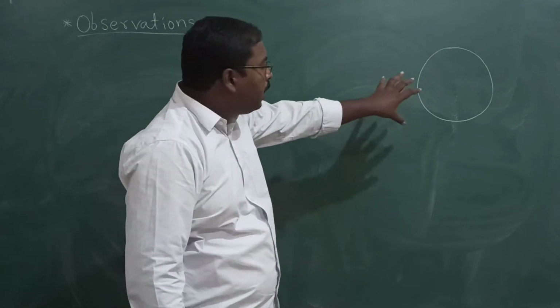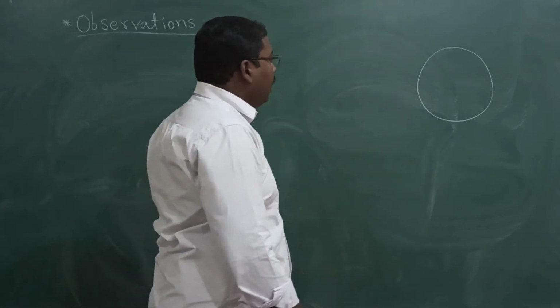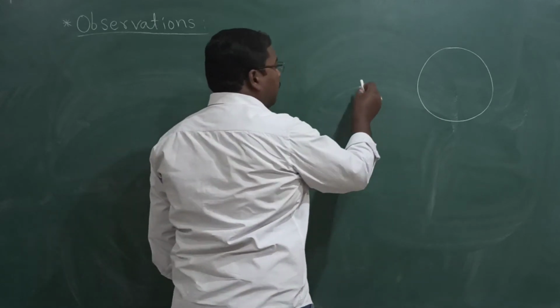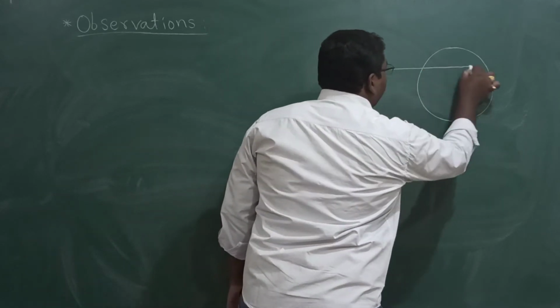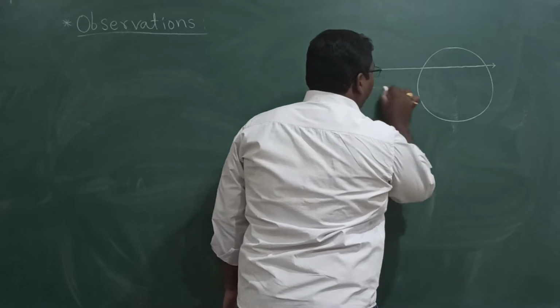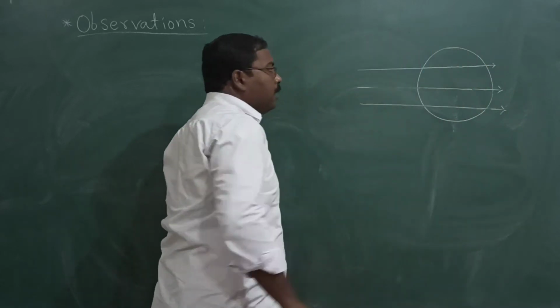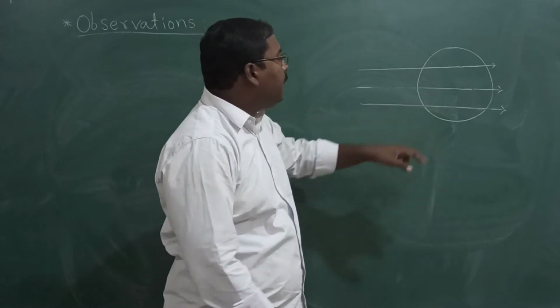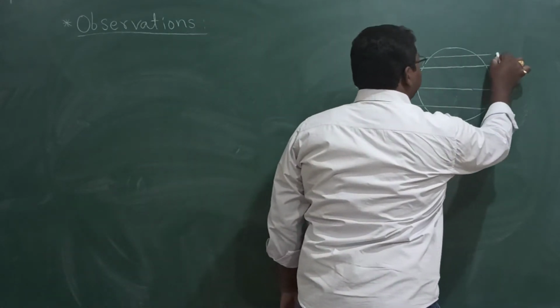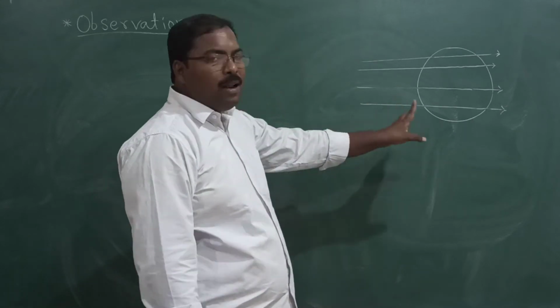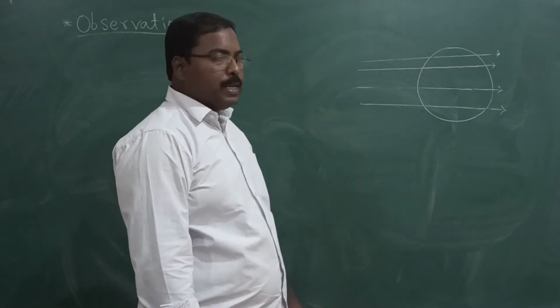Now, he observed mainly 3 types of rays. So these are one type of rays. Okay? What we observe from the diagram is that these rays are simply passing through the atom. So these are the first type of rays.